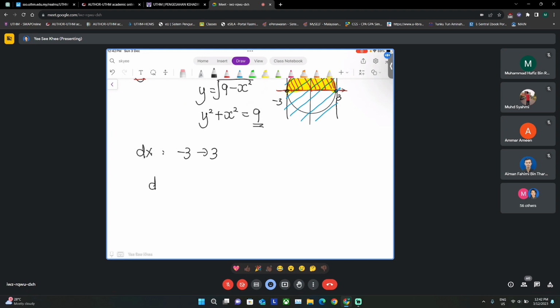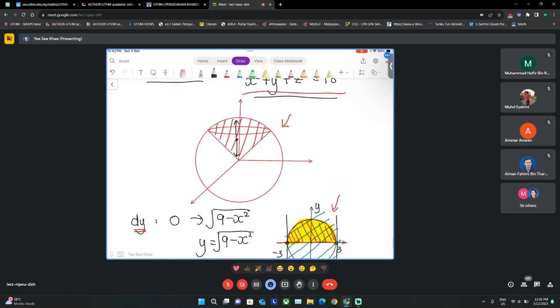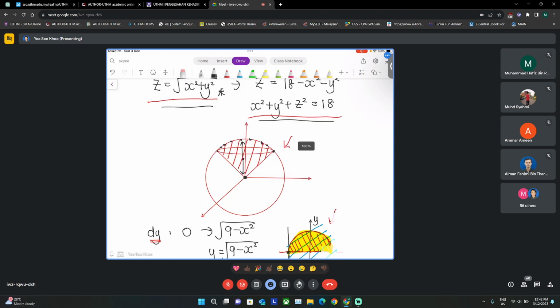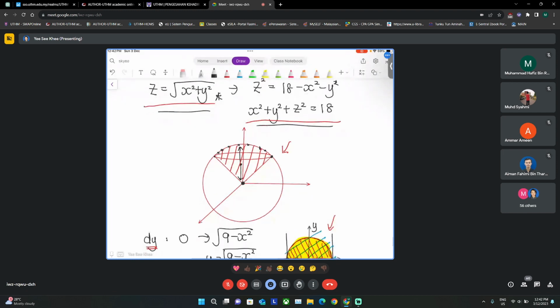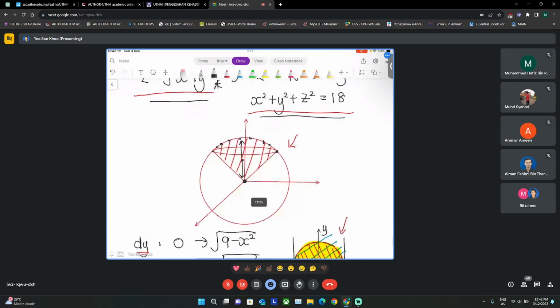Okay, d rho. Rho represents the radius of the sphere. So it is always from this point until here, all the points over here. So all the points over here will have the same rho, the same radius, which is what? Anyone know what is the rho over here? 18?